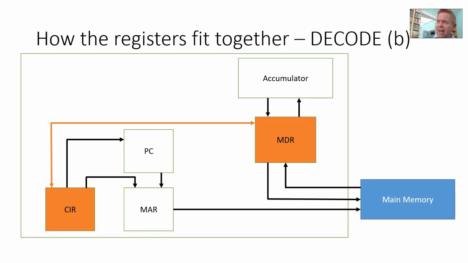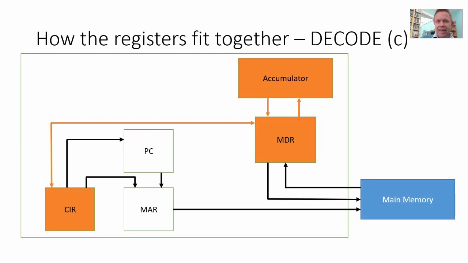And so that is an instruction with actual data. If that's the case, then we'd take that data and we would actually copy it into the memory data register, perhaps awaiting the accumulator to do something with it.